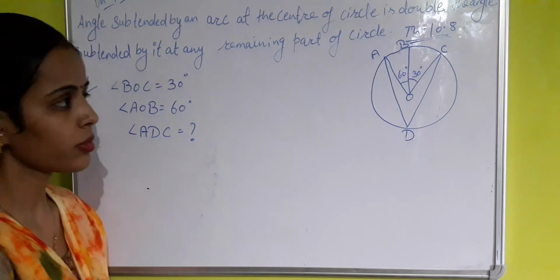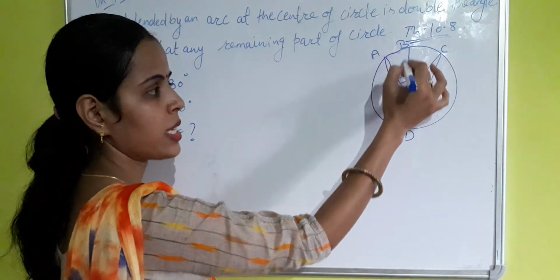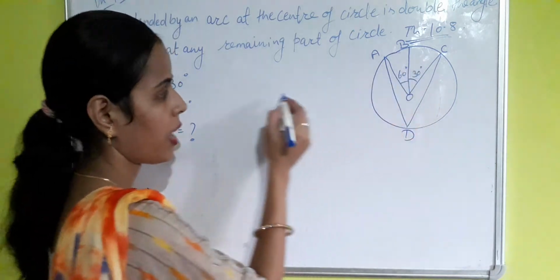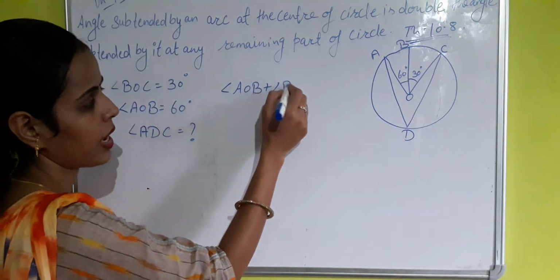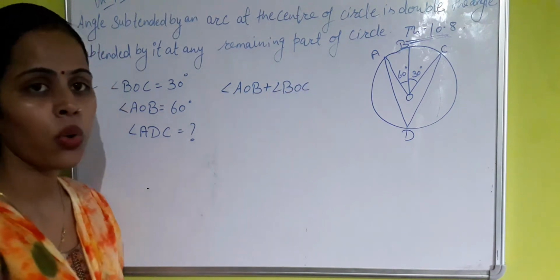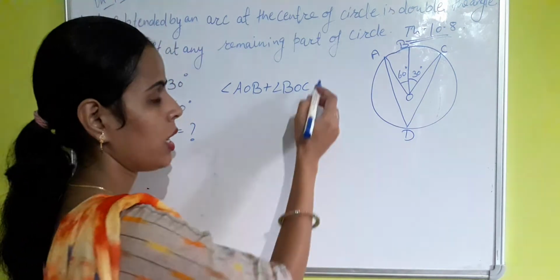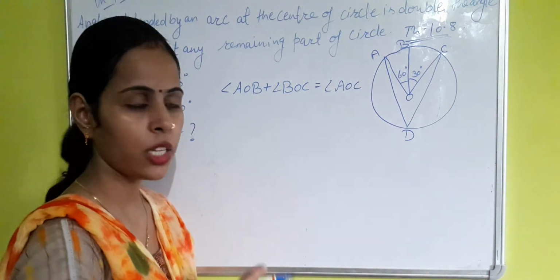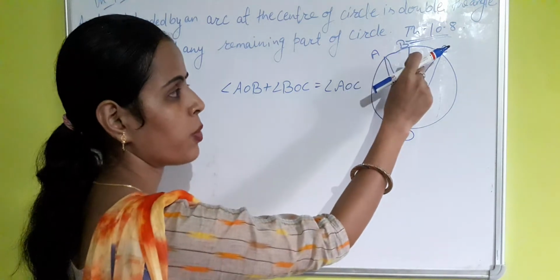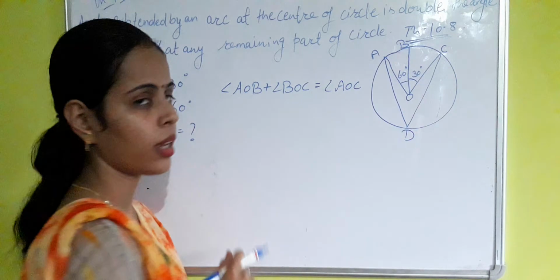Angle AOB plus angle BOC equals angle AOC. If we add these two angles AOB and BOC, then the complete angle AOC comes.